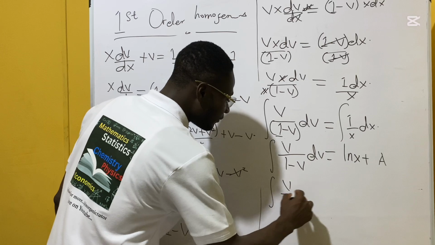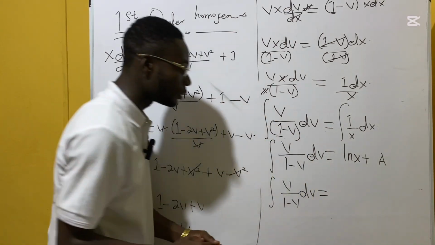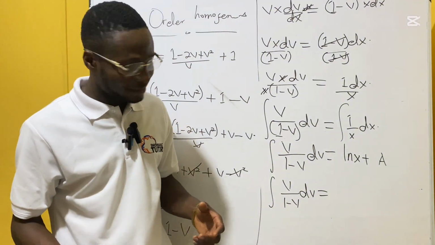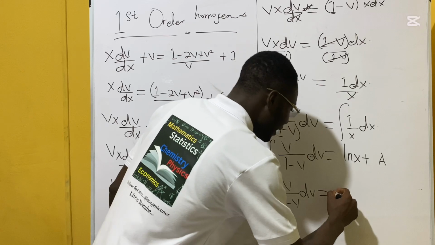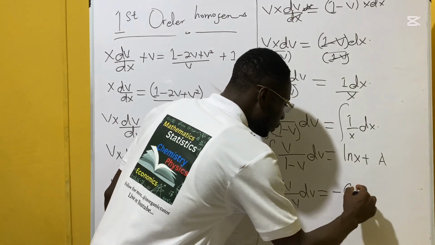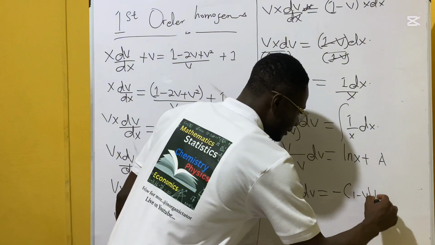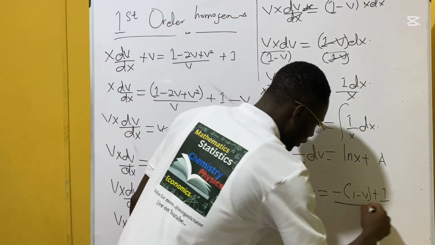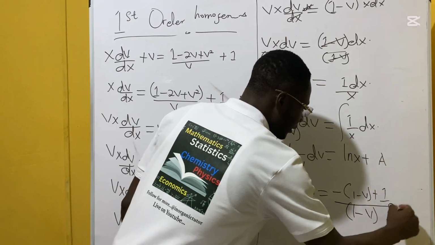Okay, so here we can say that the integral of v over 1 minus v dv should be equal to, you know, v can be expressed in another way, right, as minus into 1 minus v plus 1, all over 1 minus v dv.